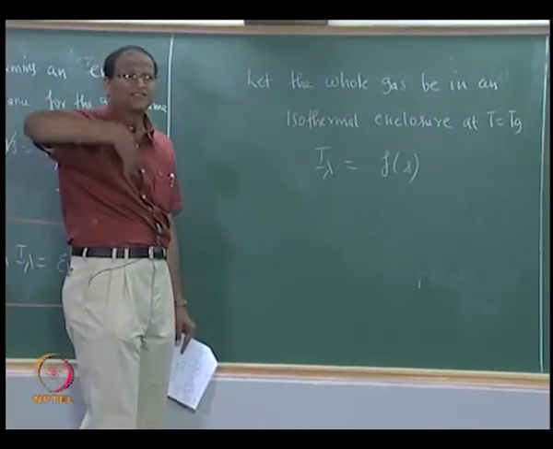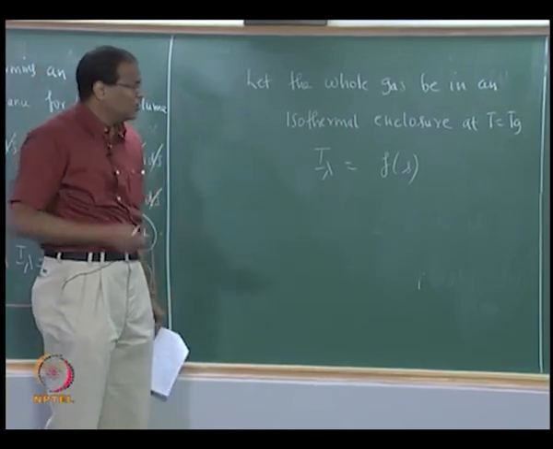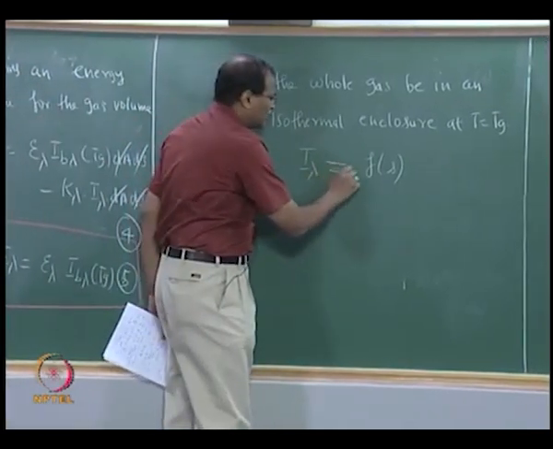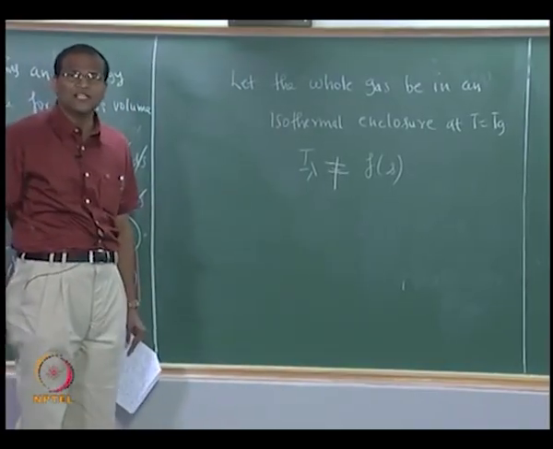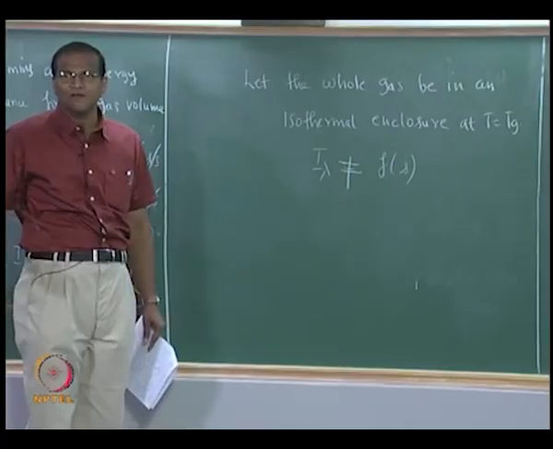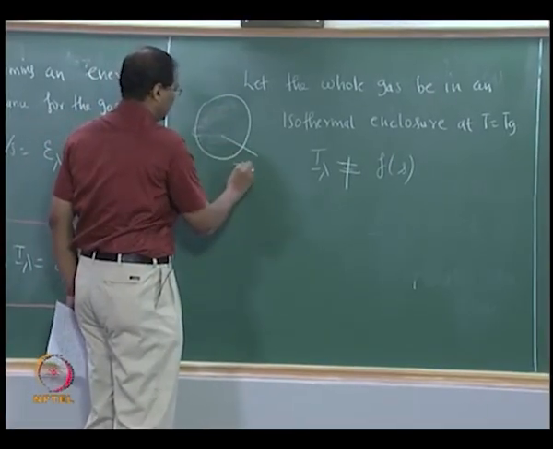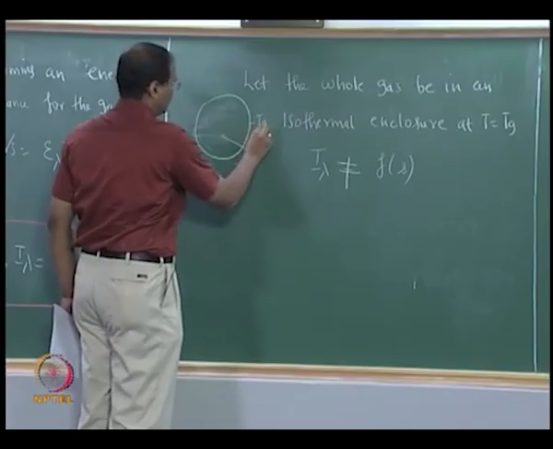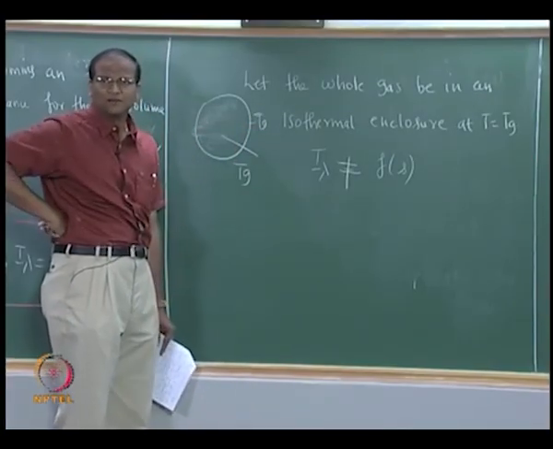Even if the surface is not black, there are multiple internal reflections. So I lambda is not a function of S. If I lambda is not a function of S, what is dI lambda by ds? Dhaval, you are not following. What I am saying is, it is isothermal everywhere.